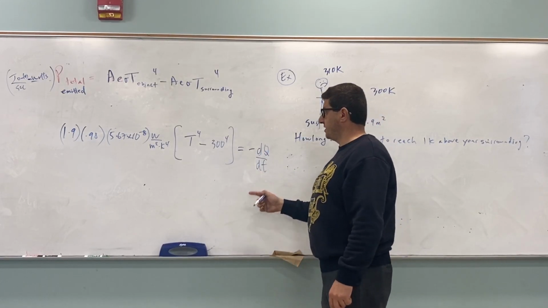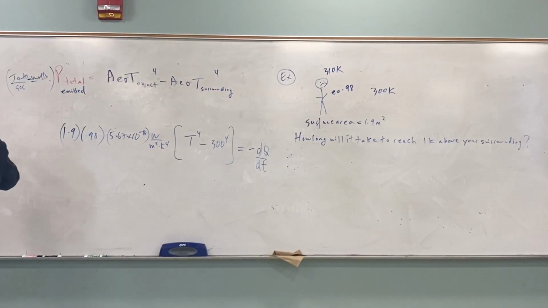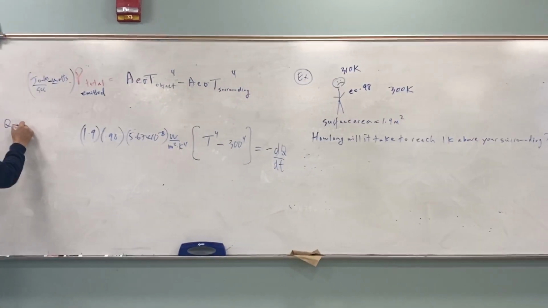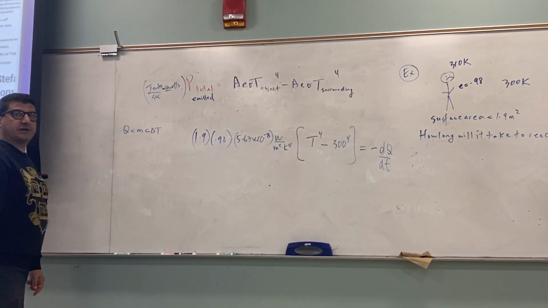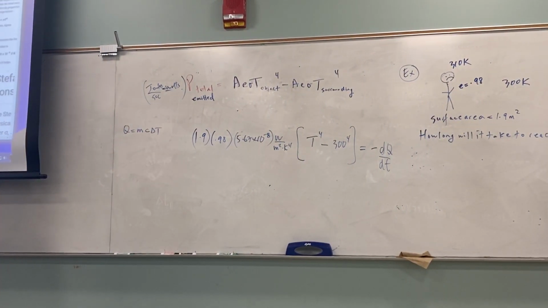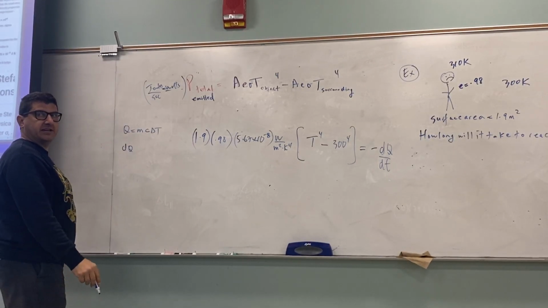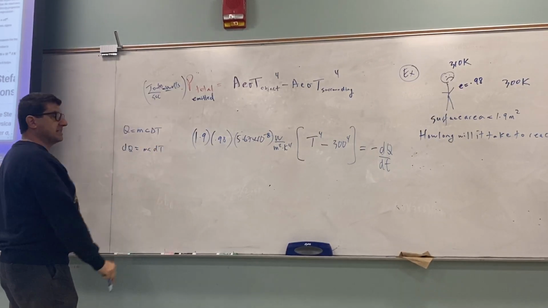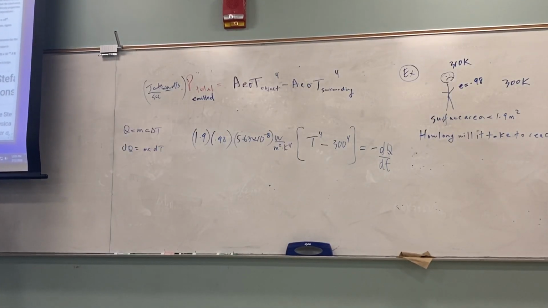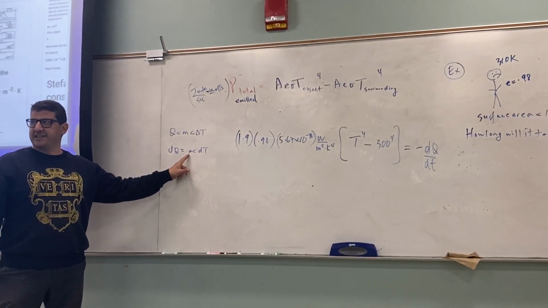Now I'm going to introduce the other equation we learned. What's the other equation? Q is your mass times your specific heat times change in temperature, right? Therefore, an infinitesimal amount of heat that flows out of your body will cause an infinitesimal change in temperature, depending on the specific heat and your mass.